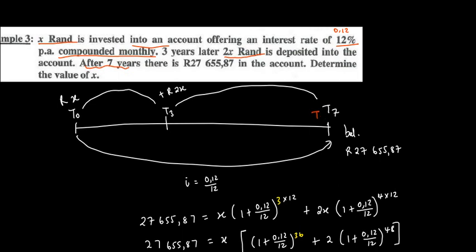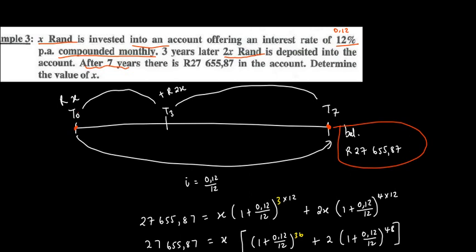They actually said 7 years to say from the beginning to the end. That is 7 years from the time he invested in his account. So after 7 years, the total balance is 27,655.87. That is what is in the account.